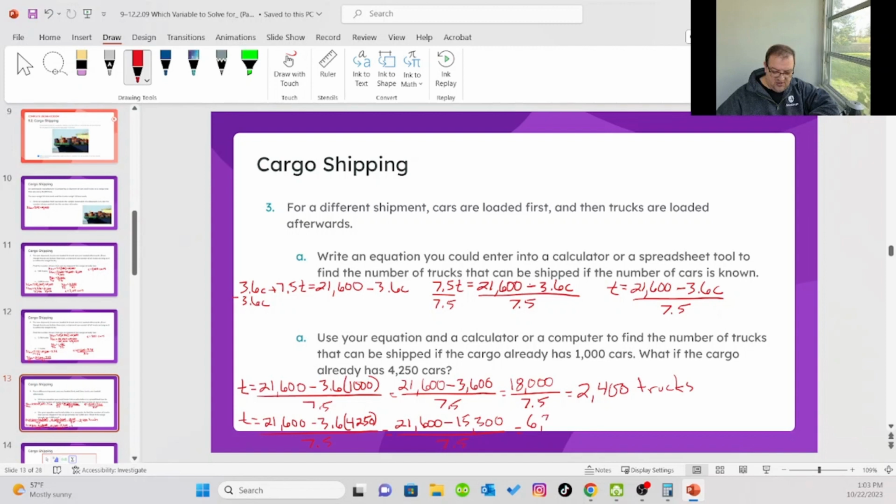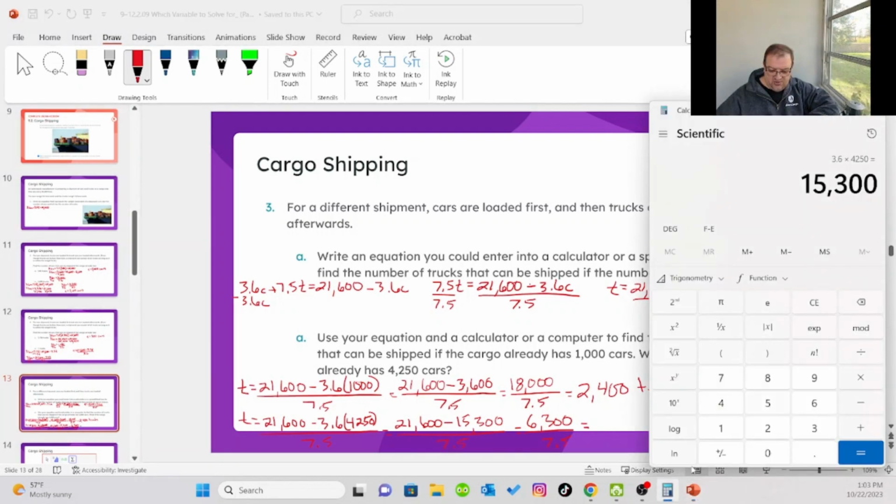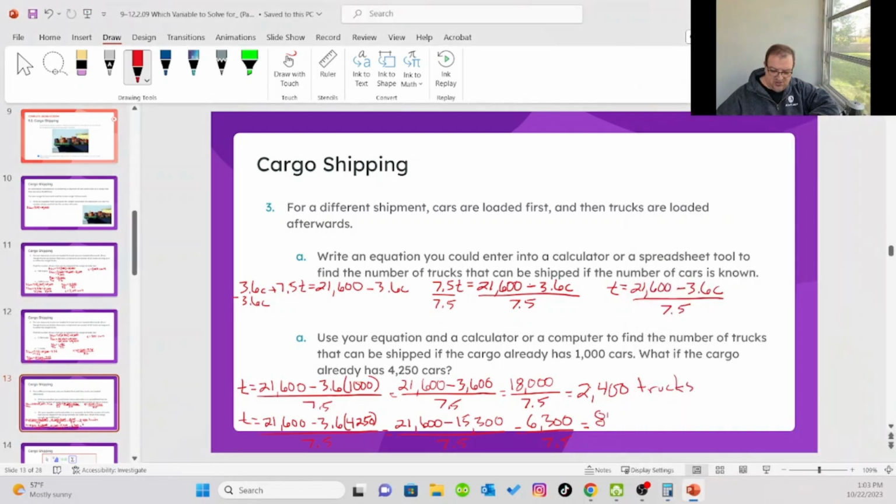That's 6,300 divided by 7.5, which equals 840 trucks.